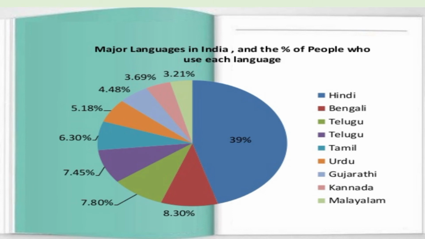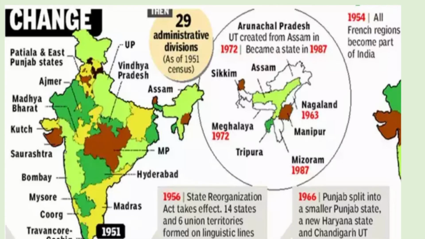We have here a pie chart showing different states, different languages and their percentages, the number of people speaking them. Here we can see that Hindi is still the largest spoken language in our country. The formation of states was based on the State Reorganization Committee.